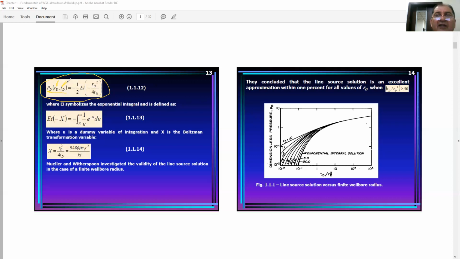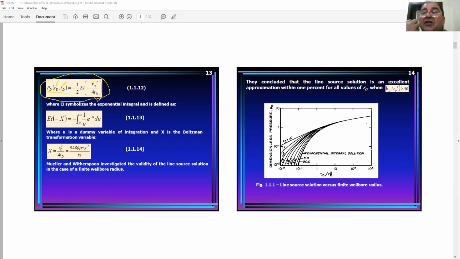RD, this is dimensionless radius, this is radius. TD, dimensionless time, but it is T. This would be given by minus half Ei of RD squared divided by 4TD. This model says that the pressure at any point, at any time, can be calculated by minus half Ei function of RD squared divided by 4TD.